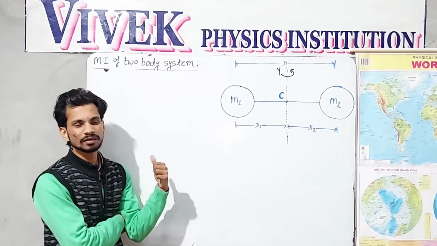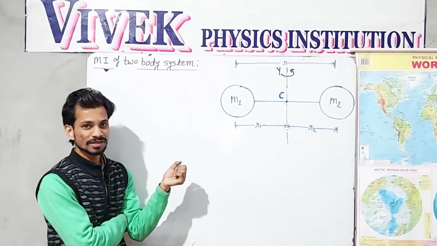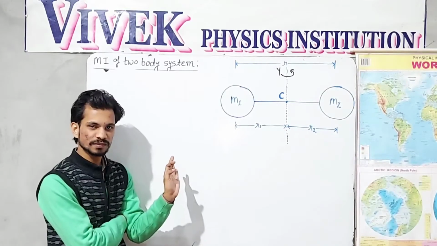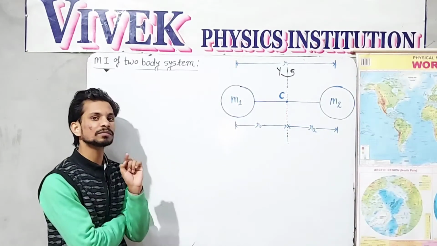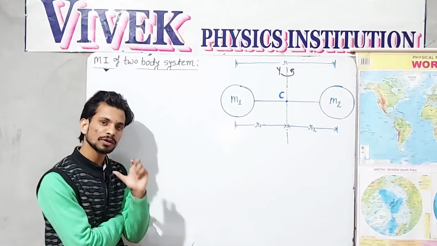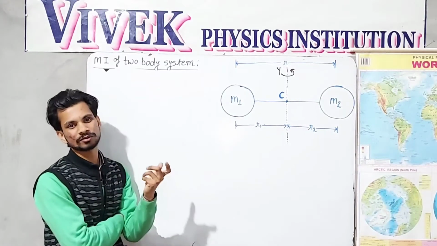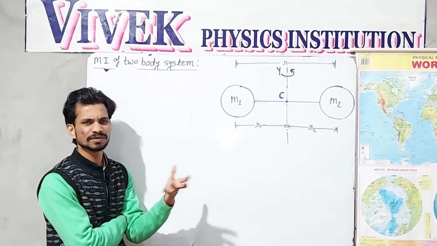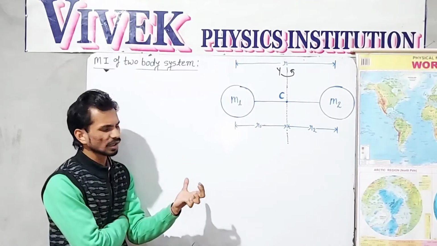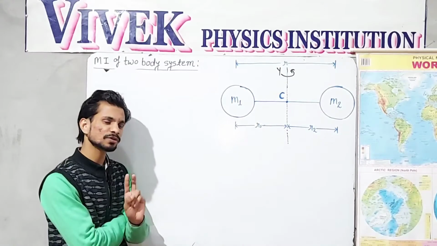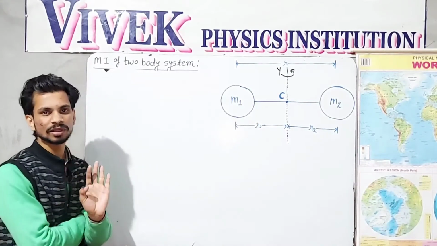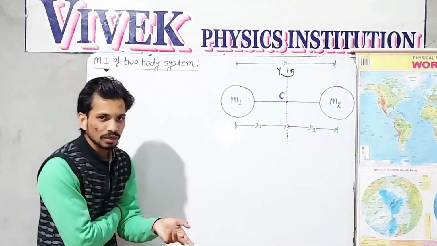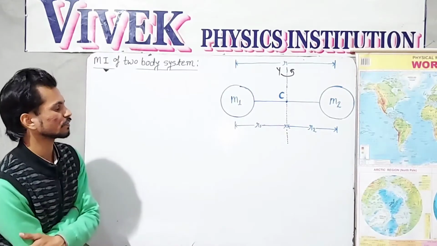It is representative of all those cases: hydrogen molecule moment of inertia, chlorine molecule moment of inertia, oxygen molecule moment of inertia, potassium chloride moment of inertia, and other bodies which comprise only two particles. This is the main fact. So how can we calculate that particular moment of inertia?